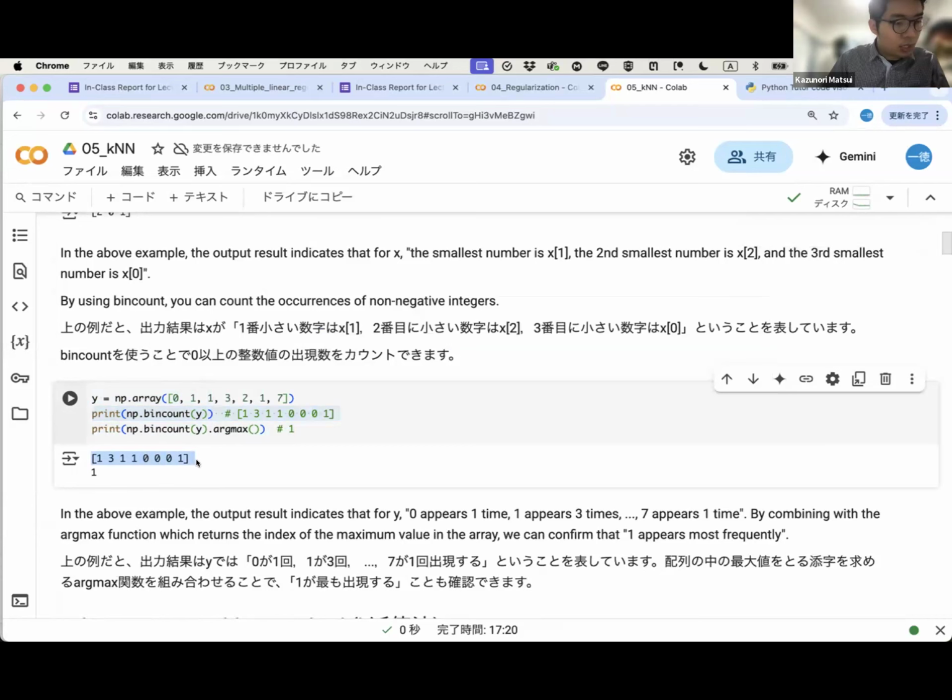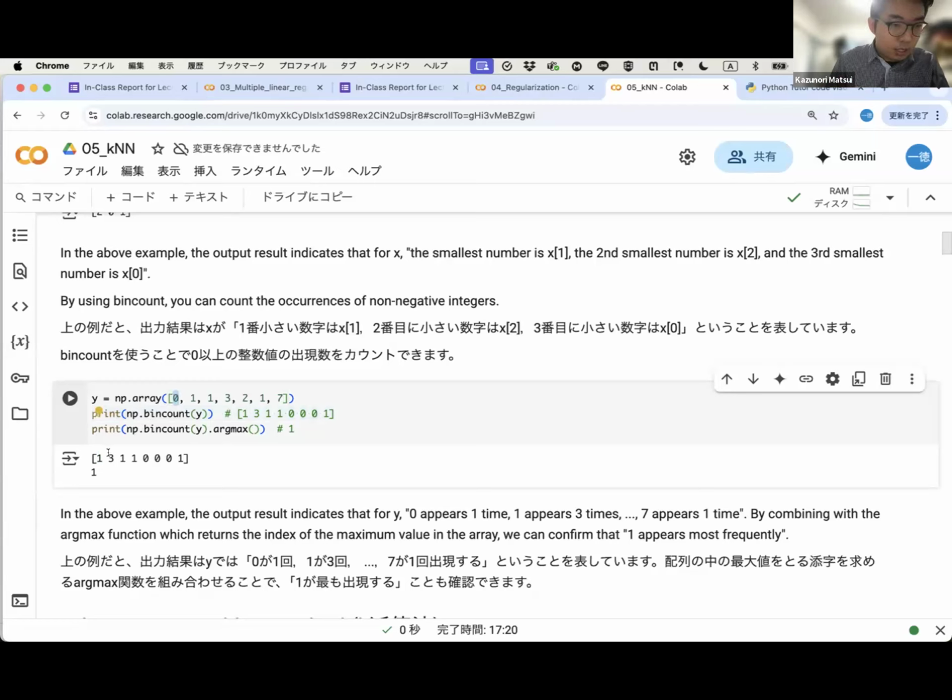In this case, the first element shows there is 1 zero. Indeed, there is 1 zero.